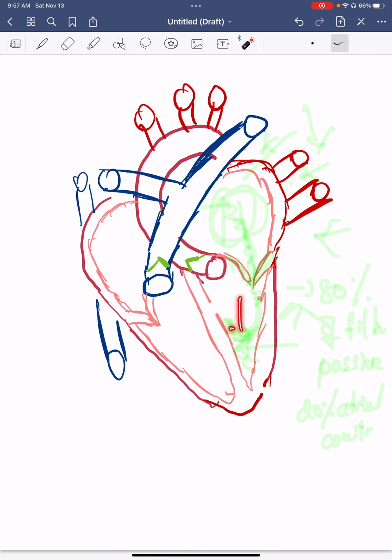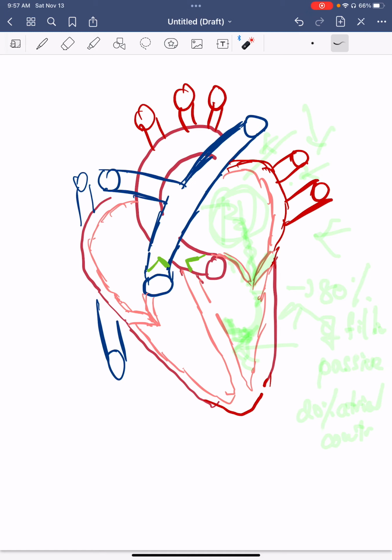Once the pressure in the ventricle is down, lower than the pressure in the atrium, the mitral valve opens. Now the mitral valve starts opening. This is called the rapid filling phase. As I said before, 80% of the filling is passive.